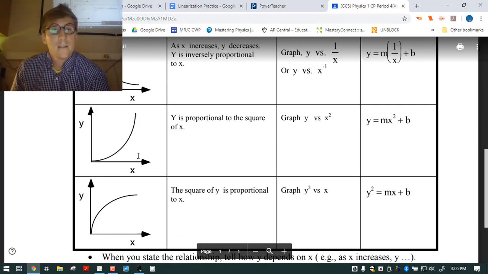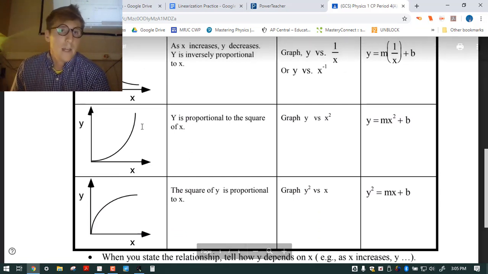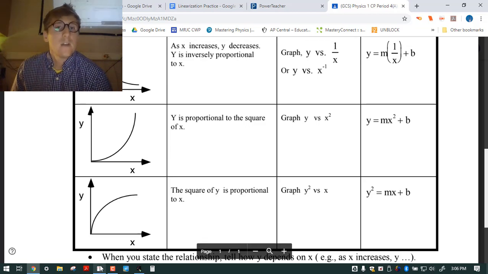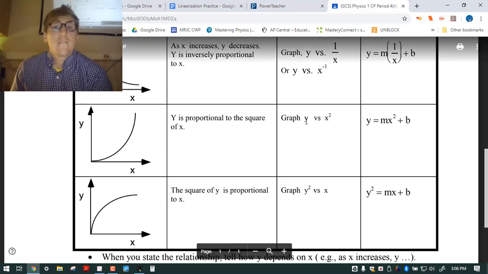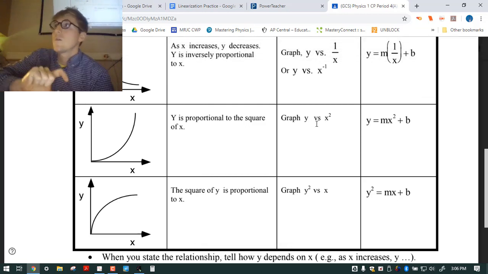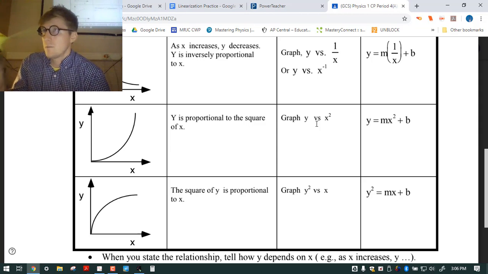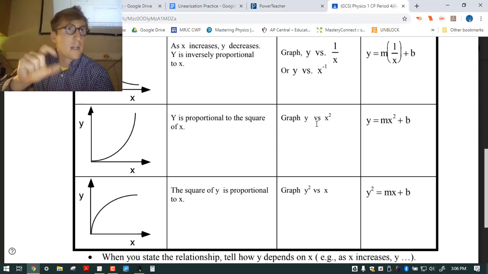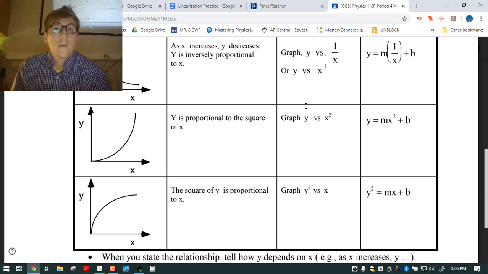I think it looks like the second one from the bottom. It curves upward like that. The important part is what to regraph. To linearize it, you're going to take your data and modify it. The modification required to linearize the graph is to graph y versus x squared.